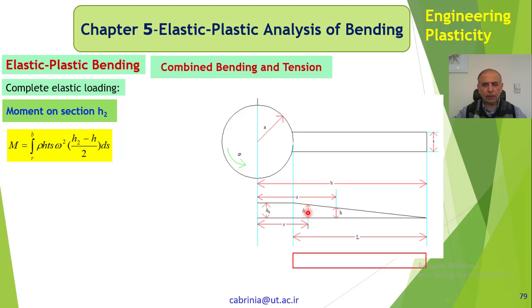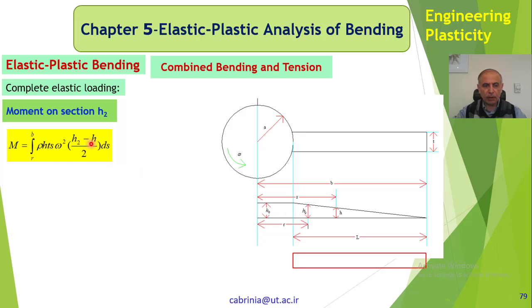But here you can see we have the normal force in here on this section, but in this section we have the normal force in here. So there is a difference in where the normal force is acting, and therefore there is a bending moment applied here due to the difference in the height of the sections in here and there.